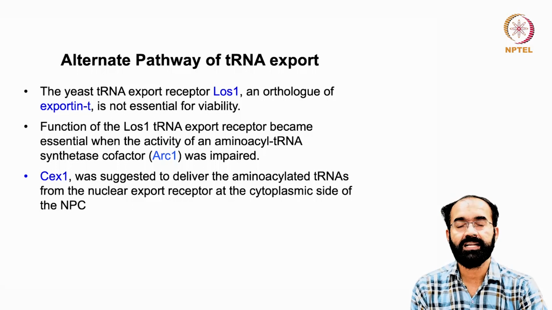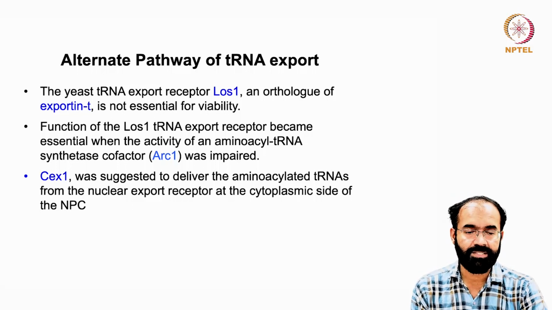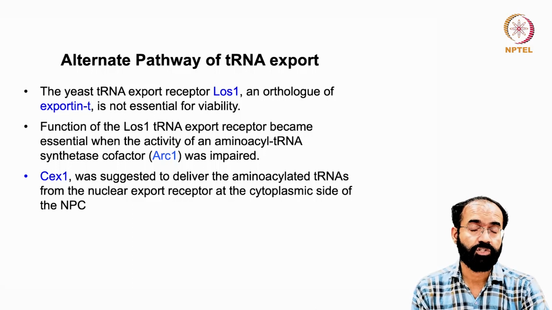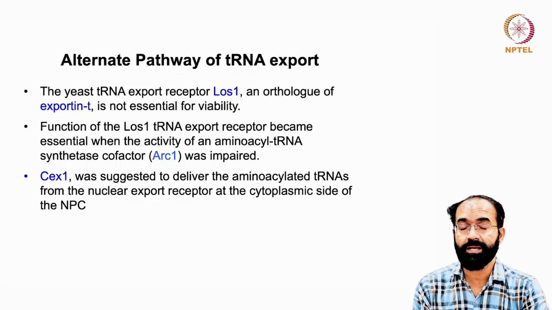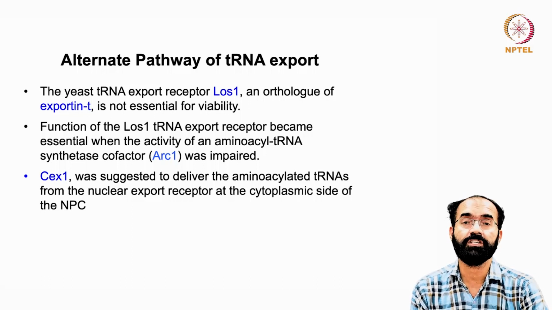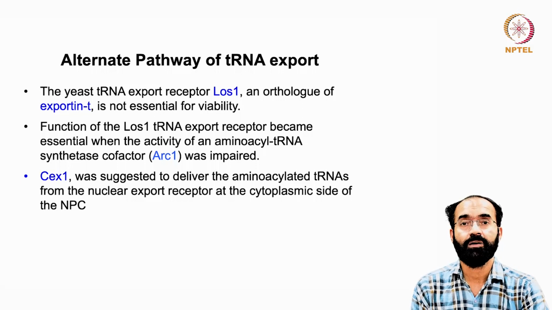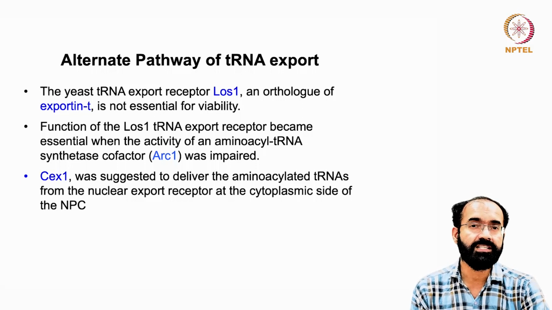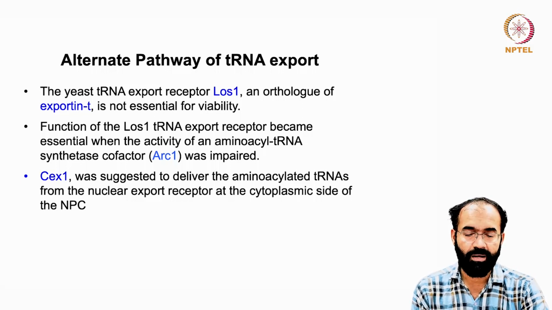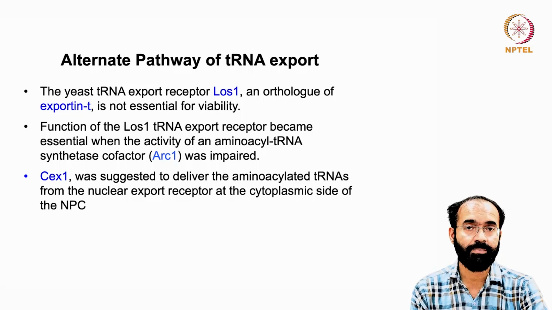So we should understand that organisms evolve with diverse strategies. They can have unique strategies through which they evolve, and you may remember that we talked about evolution by gene duplication. So this can be one example. LOS1 gene is important, it is necessary, it is doing its job, everything is working fine, but there is also a second molecule in charge.